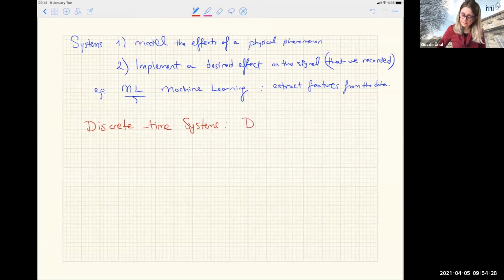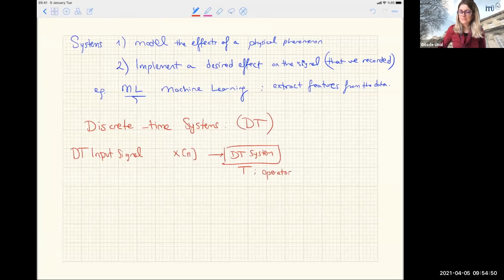Systems DT, we know this, we use the acronym DT. So a discrete time input signal, x of n, goes to a discrete time system, let's say shown by an operator T. So there's an operation, right?